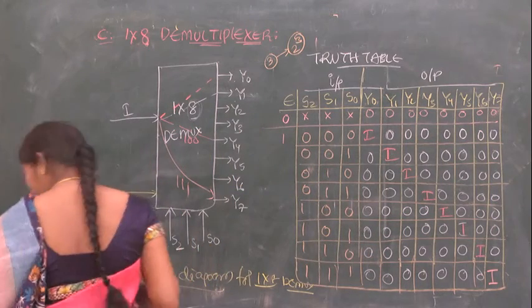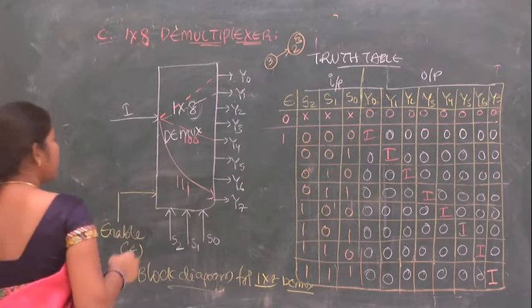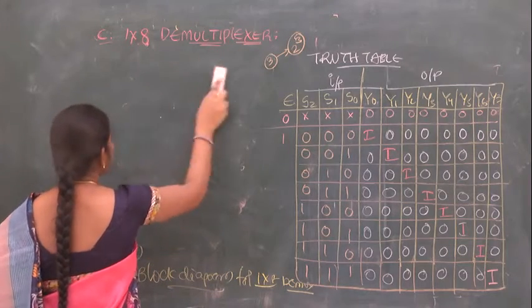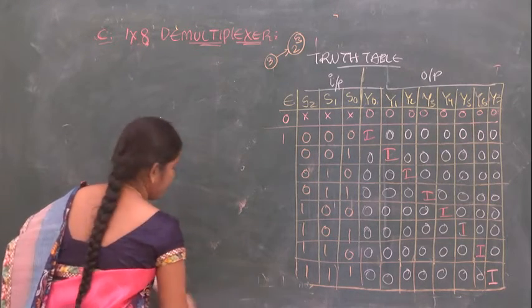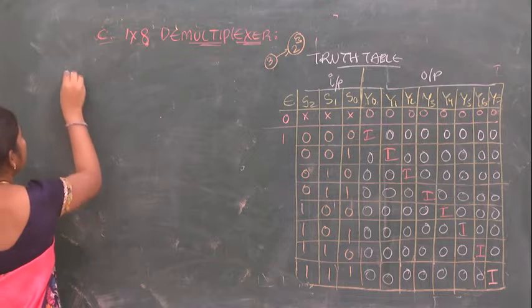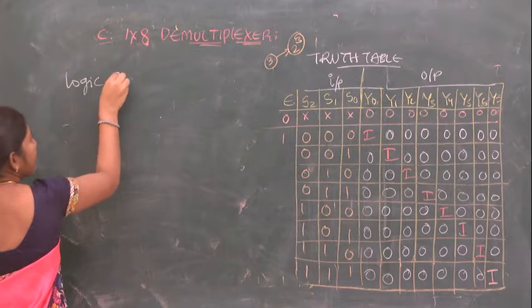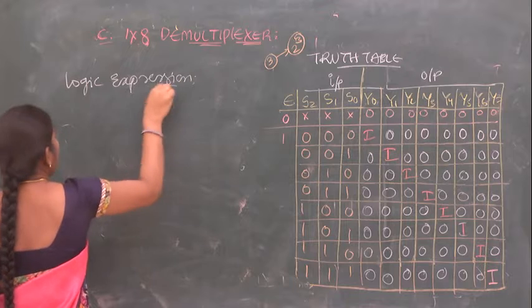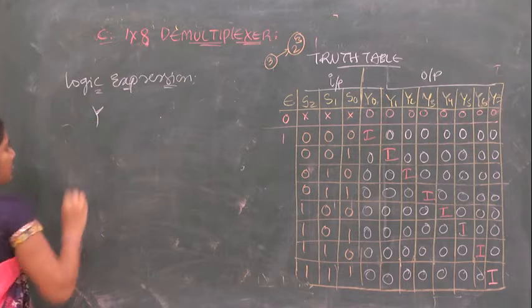As I know the output values, I can write the logic expression for each output. Logic expressions for each of the outputs.